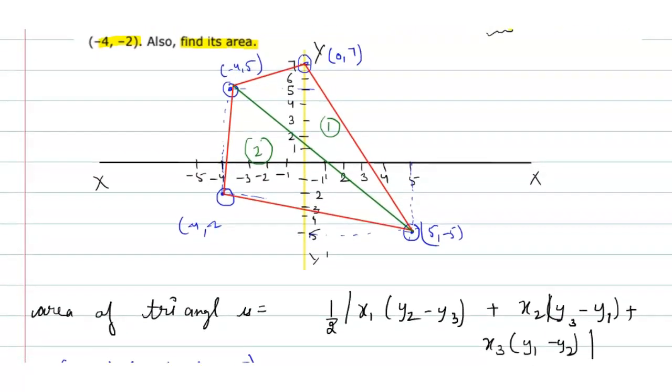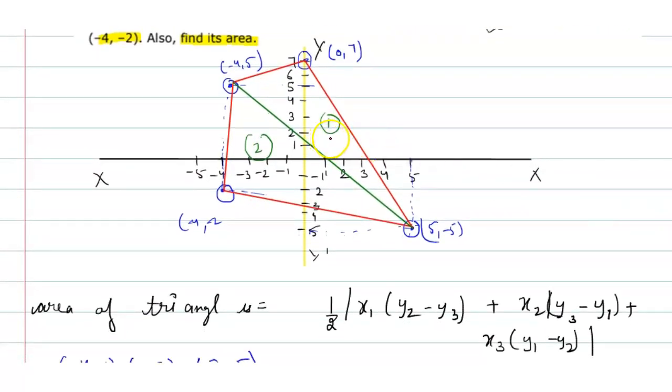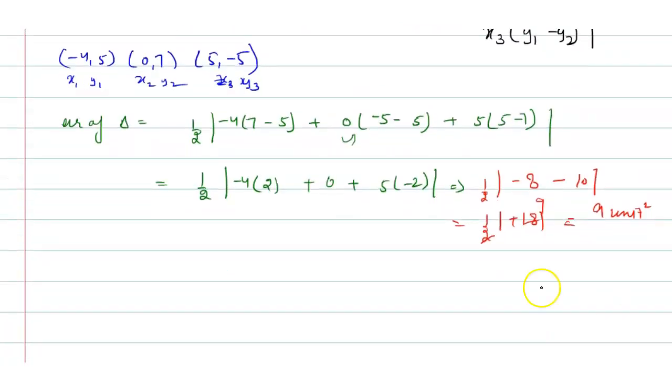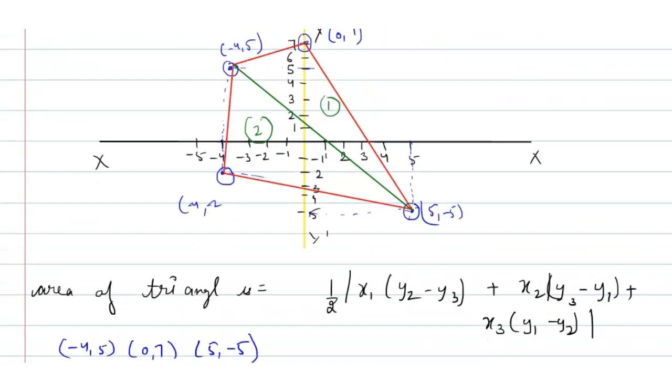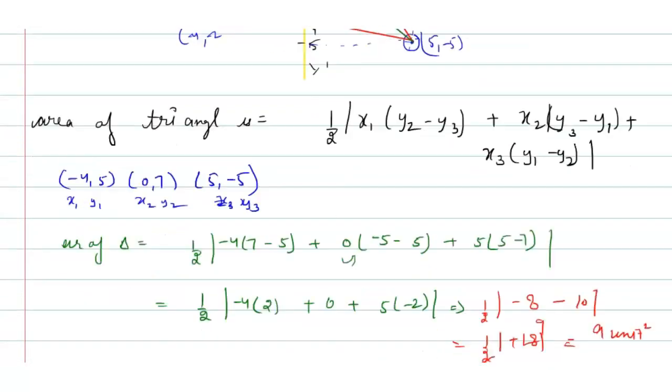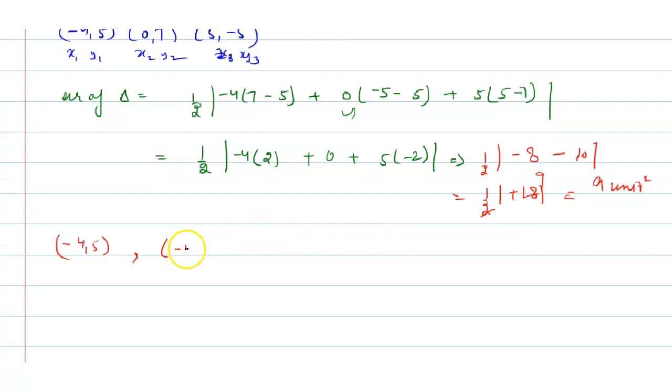Now find the area of the second triangle. So we will get the points (-4, 5), (-4, -2) and (5, -5). Now put these values in the first equation.